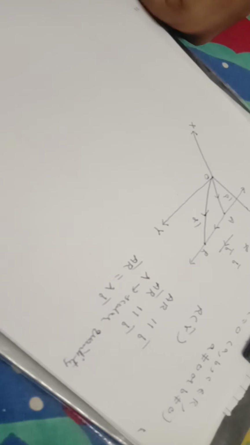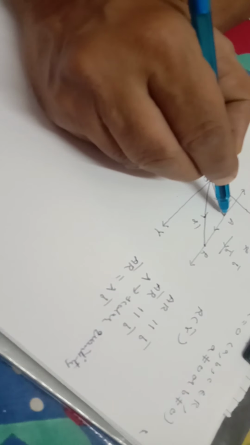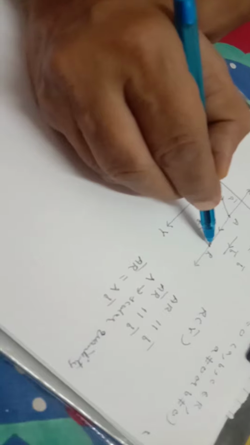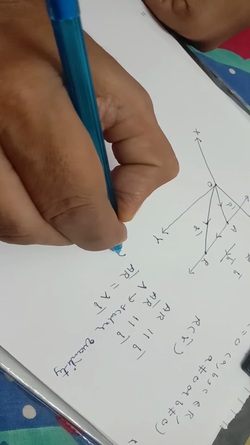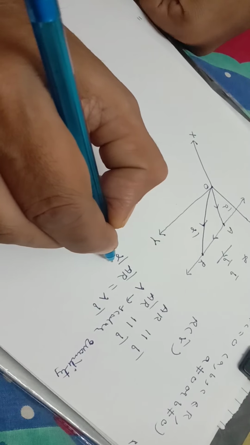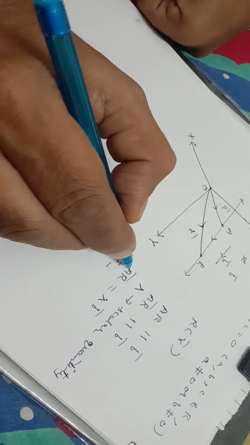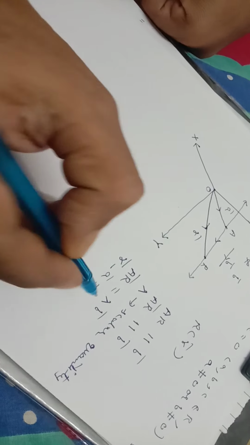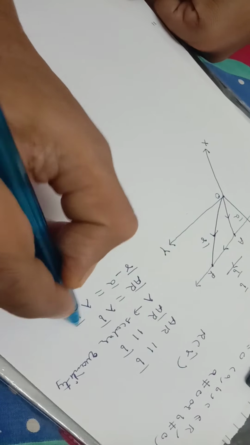Now AR bar is a vector in space. It is a vector directed from point A towards point R. Here A is initial point, R is terminal point. And vector in space can be expressed as position vector of terminal point minus position vector of initial point. Position vector of terminal point R, R bar, minus position vector of initial point A bar, equal to lambda B bar.